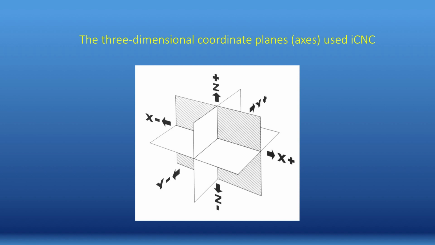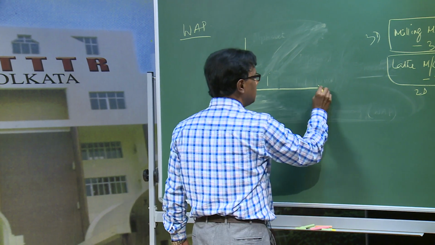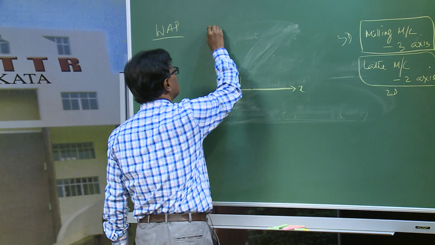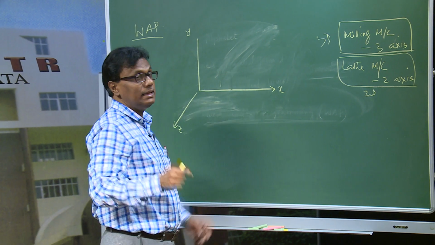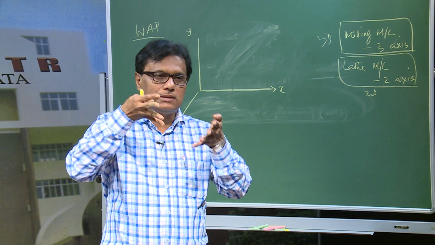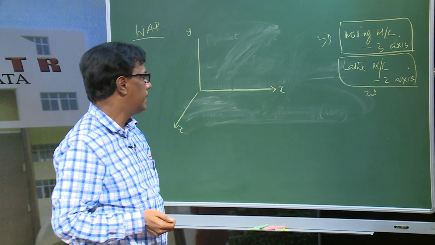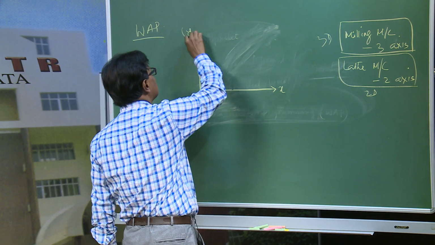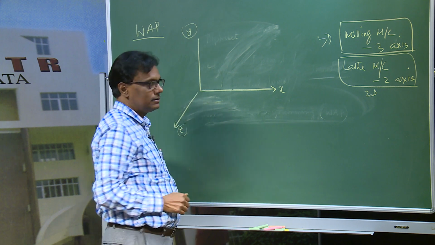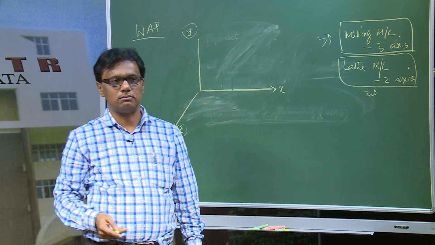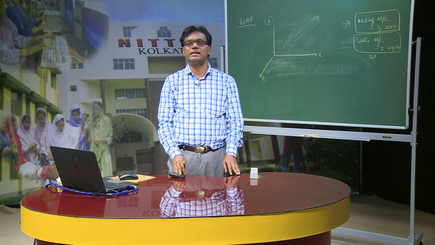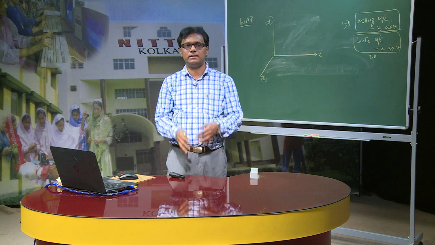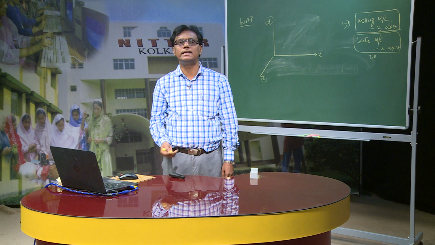Now, which axis should be the x axis, the y axis, the z axis? In CNC machines, which axis should be assigned as x axis and which as z axis? As I told you in my lecture on CNC machines, it is internationally accepted that the job axis is the z axis.